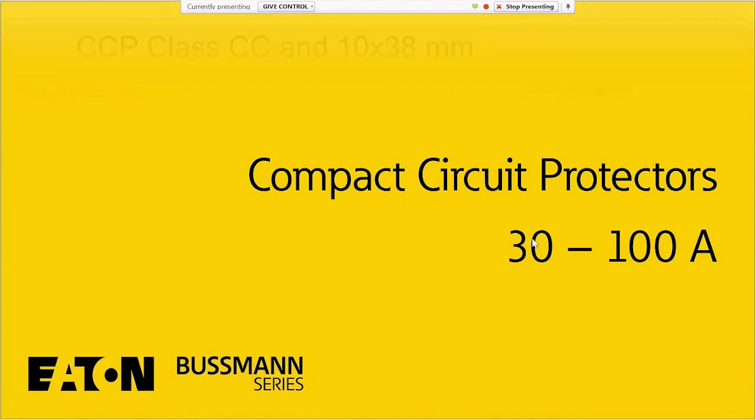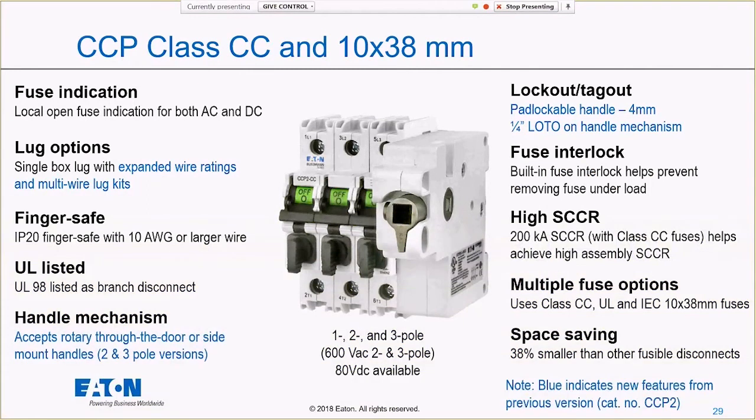So let's look quickly here. We talked about this CCP2, really great in front of control power transformers. This is also the smallest 30 amp class CC fusible disconnect that you can buy. You just add that little rotary mechanism on the side, your standard shaft and handle.